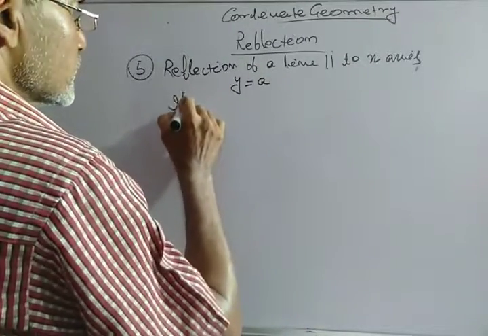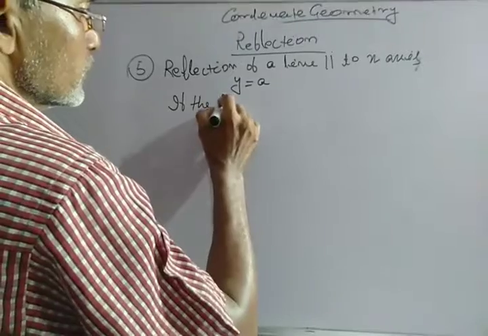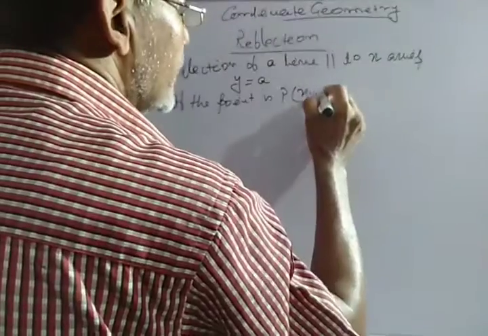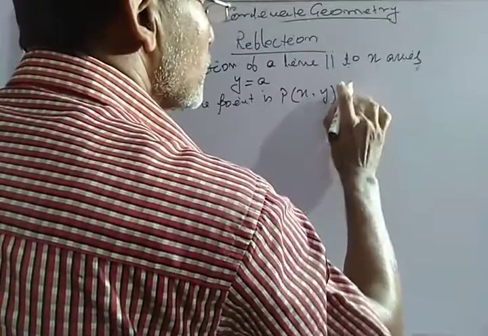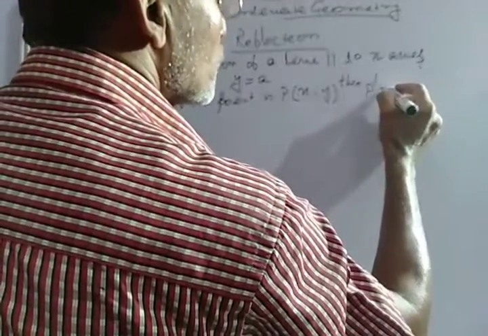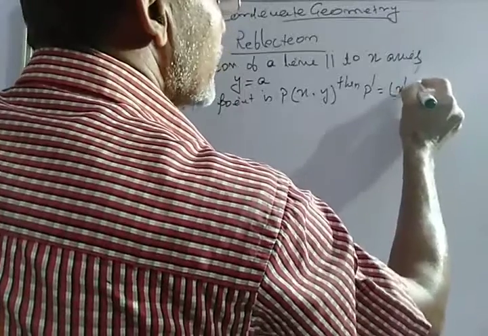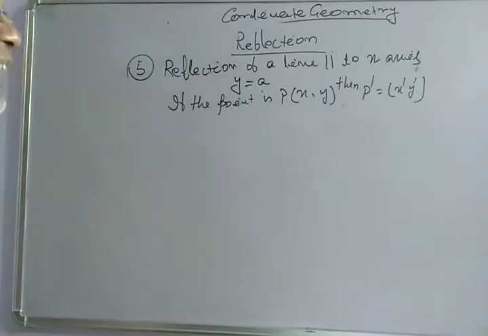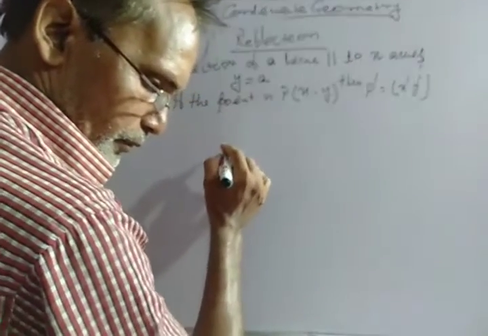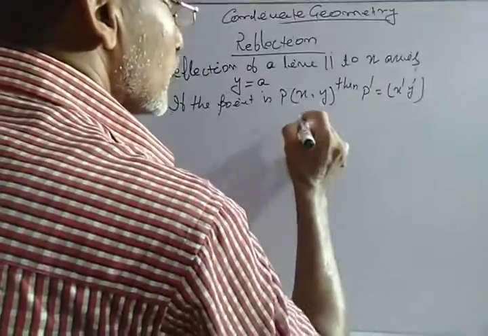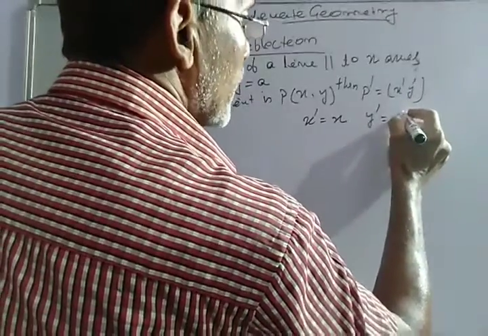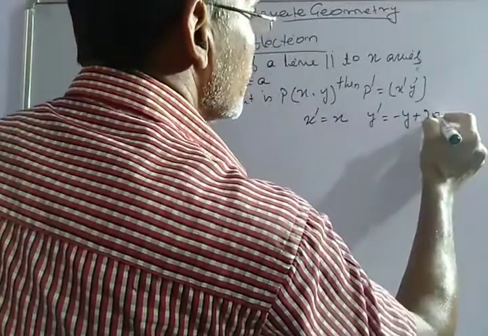If the point is P(x, y), then P dash will be (x dash, y dash). So what is x dash? x dash will be equal to x and y dash will be equal to minus y plus 2a.